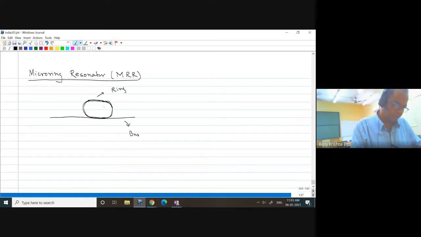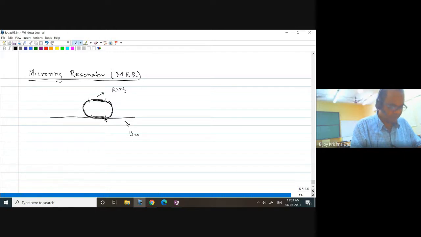And you have seen, you perhaps noted, that it's not completely a ring. It is kind of a racetrack design. So this racetrack means some straight portion is there, and then maybe you can use a semicircle here and another semicircle here.